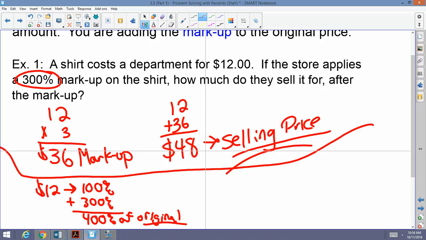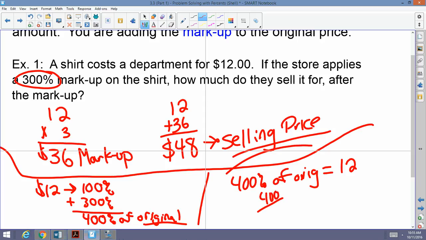So if I'm paying 400% of the original, 400% of original, which we don't know, equals $12. So that's percent over 100 equals is over of, cross multiply, and X will equal $48. Does this make sense, brothers? Great question.